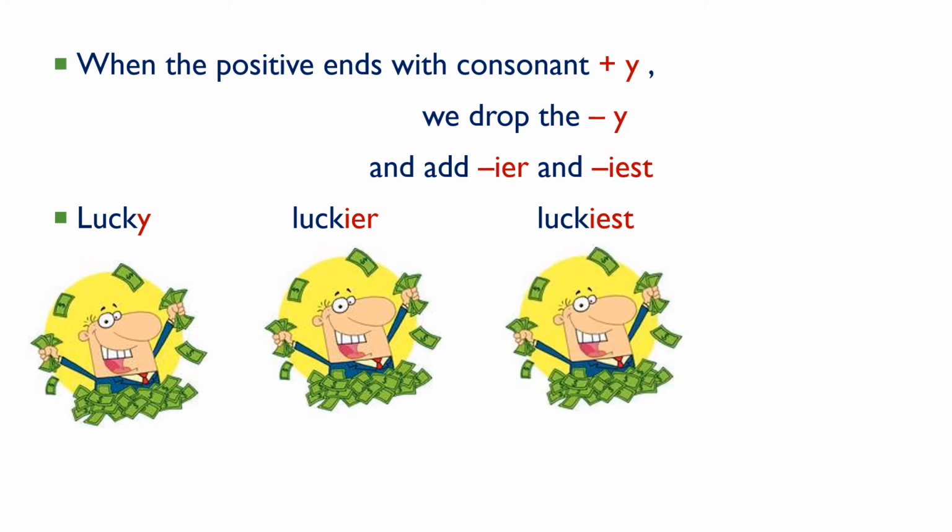The positive ends with Y. We drop the Y and add IER in comparative degree and IEST in superlative degree. I will repeat. When the positive ends with consonant Y, we drop the Y and add IER and IEST.